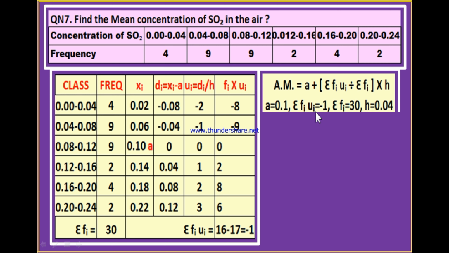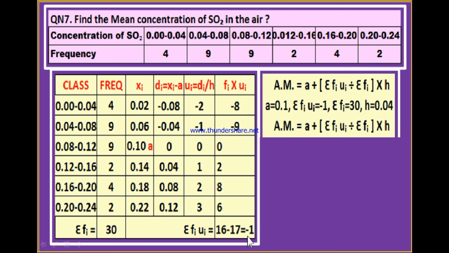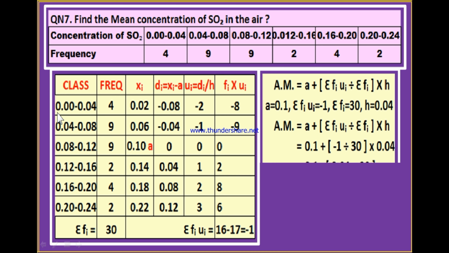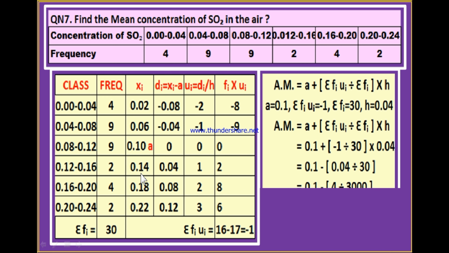Here A value is 0.1 and sigma fi ui value is minus 1 and sigma fi is 30 and h means the difference between any two successive lower boundaries or any two successive upper boundaries or the difference between any two successive mid values. The difference is 0.04, which is the h value.